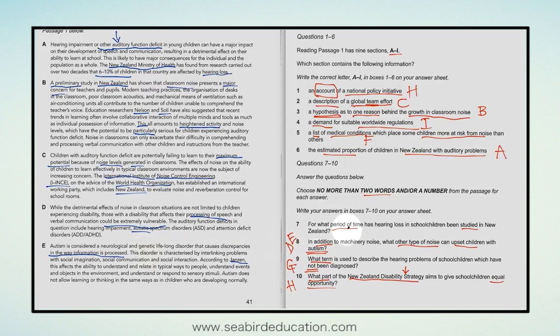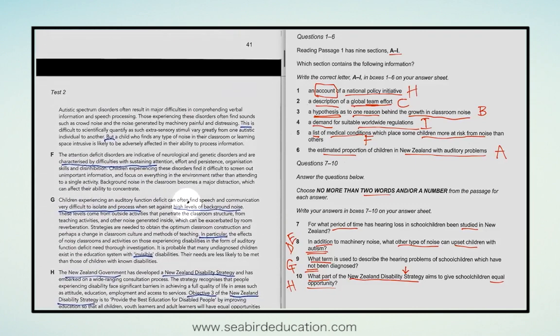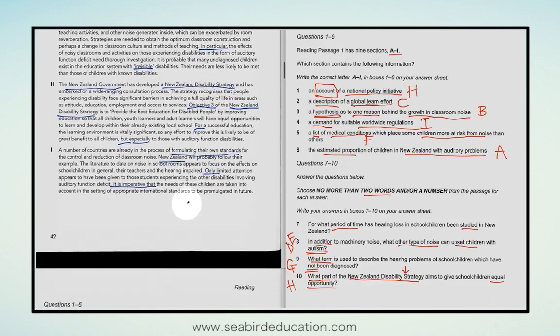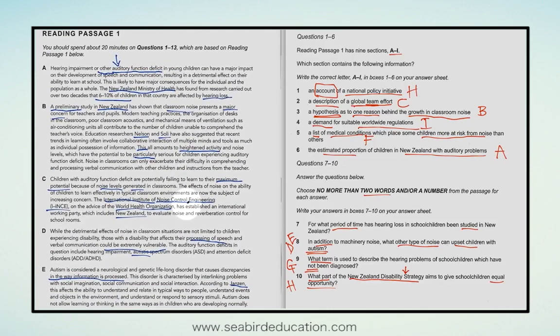For what period of time has hearing loss in school children been studied in New Zealand? Okay. I must admit, I didn't see a number related to that period of time. It's a bit tricky. But no doubt you noticed something that I didn't. It's usually going to be higher up.